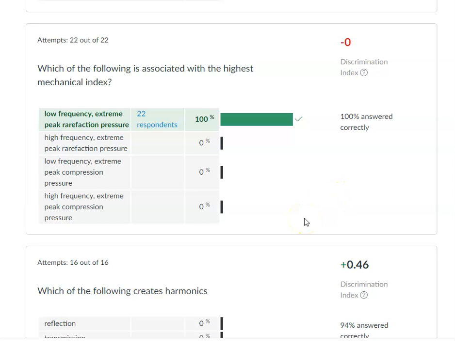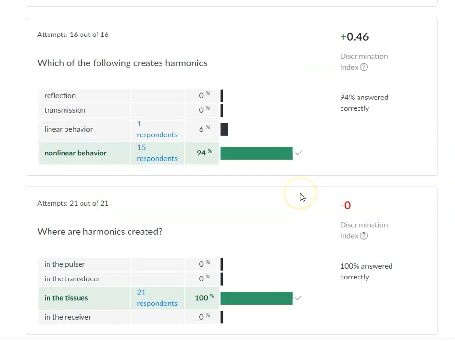Which of the following is associated with the highest mechanical index? Remember, the highest mechanical index is the greatest rarefaction pressure and the lowest frequency, which means it's at lowest pressure for the longest period of time, which is answer A. Everyone got that correct.